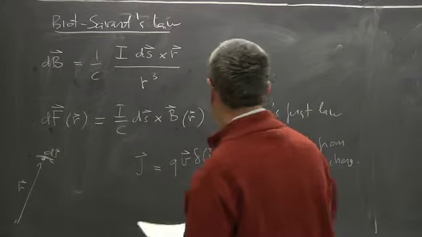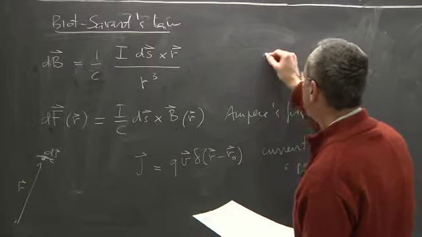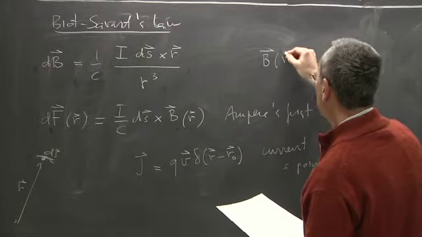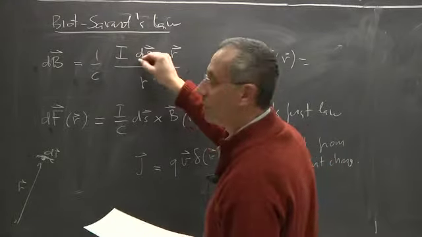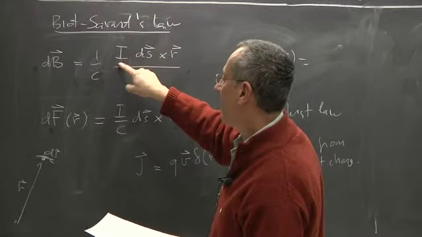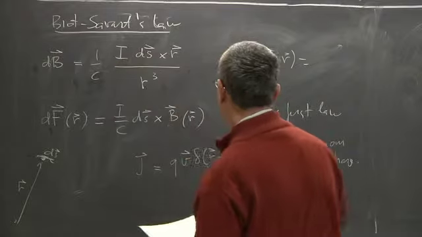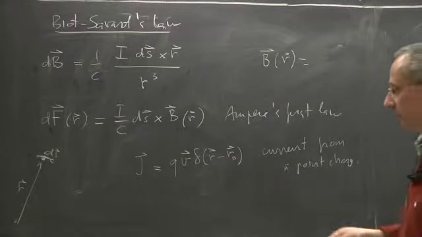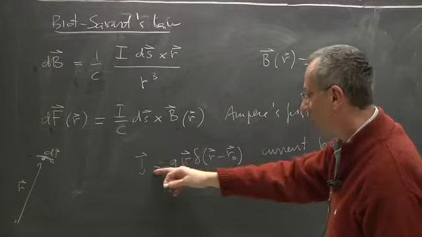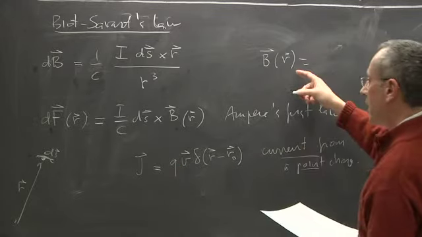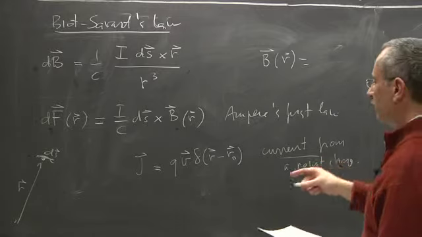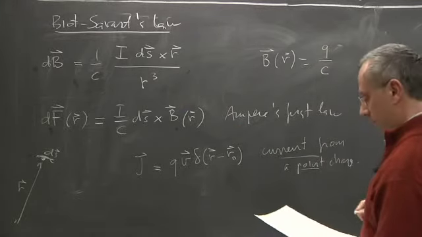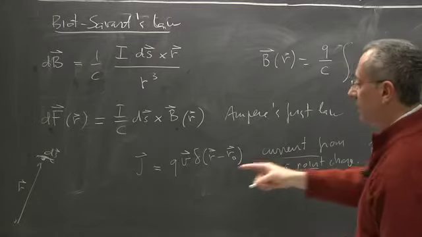But for us, if I now put this in the definition of B, I have my B field because of the Biot-Savart law at the point R, which is the integral of these things. Here I don't have the macroscopic current, but I have some density of current, and for the density of current, I can pick the one for a point charge. So if I do that, you see that I get Q divided by C. These are just constants. Then I have to integrate this density.